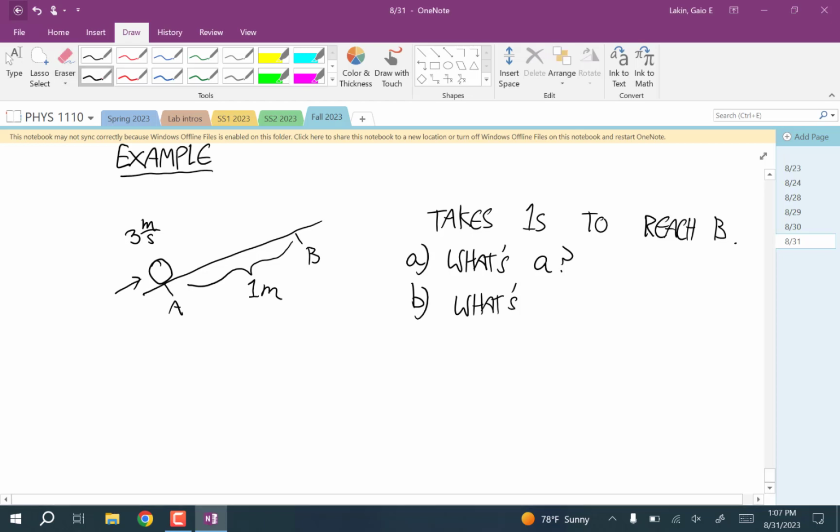We haven't made our choices yet, but how long does it take to reach the point B? Oh, wait. I already gave you that. That's not what I want to calculate. Okay, this is for real now. What's the velocity when it reaches B?